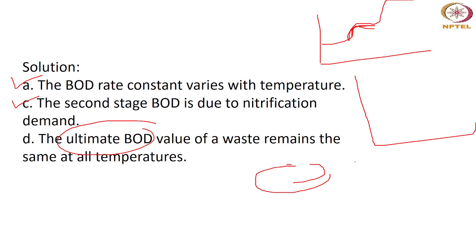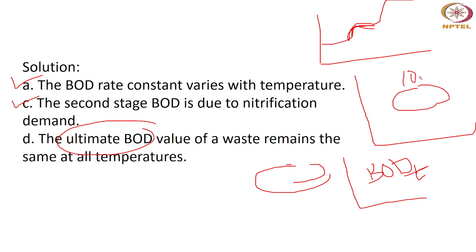What will change with the temperature variation is the rate, and you may find different variation in BOD 5 or BOD 3 or BOD T, better to say BOD T. But if there is only 10 mg per liter of organic matter, then it is impossible to get something higher, like 20 mg per liter, right?